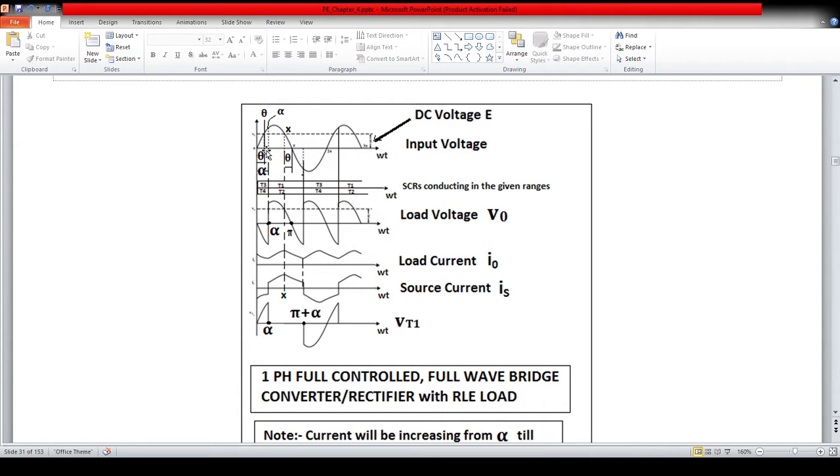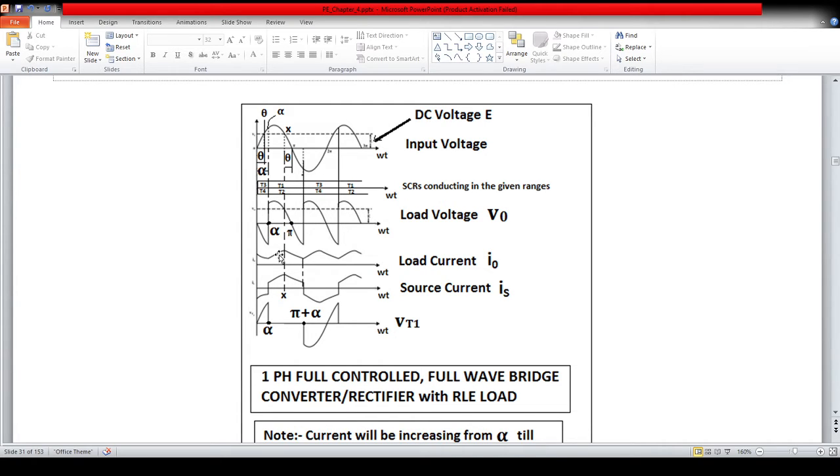Once we fire, load will get voltage. So, this is the load voltage. T1 and T2 will now conduct. From here, T1 and T2 will begin to conduct. Till the supply voltage is higher than DC voltage level, load current will be increasing.